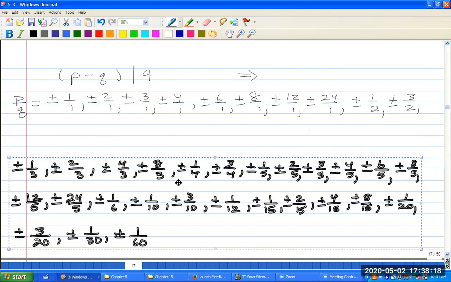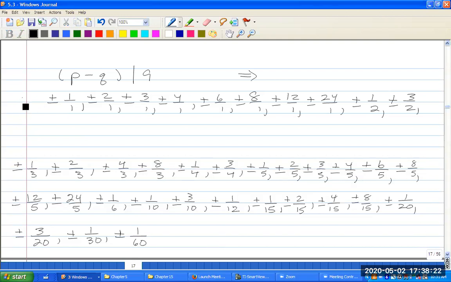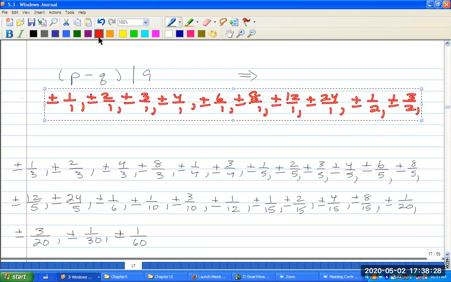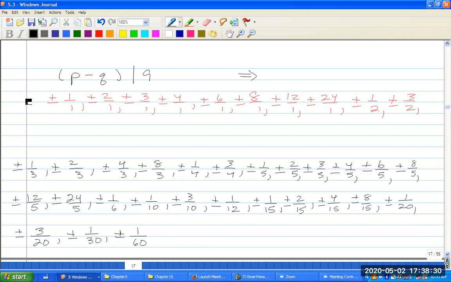I have to put these as guides. So I'm looking at P minus Q. Okay, let's list these all.